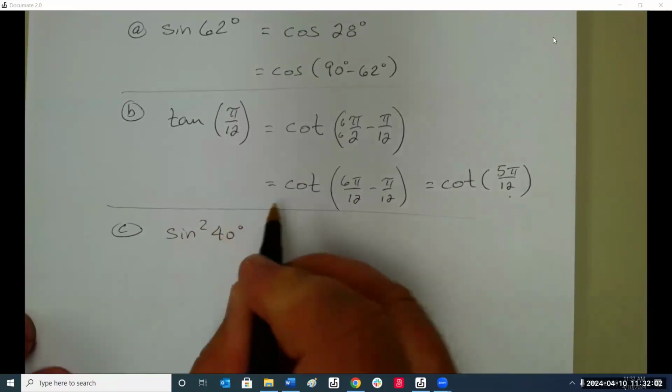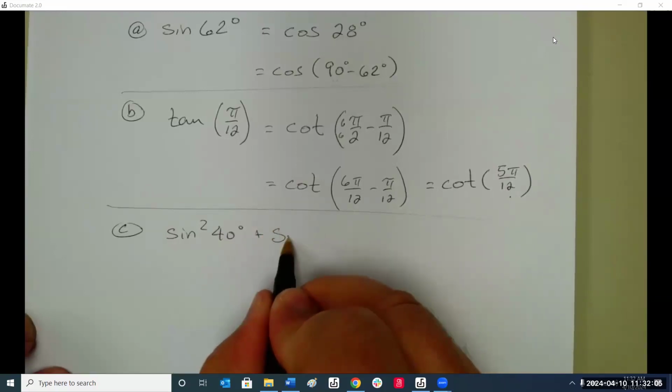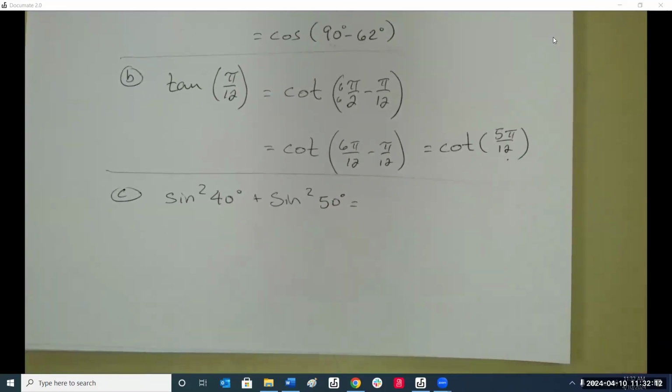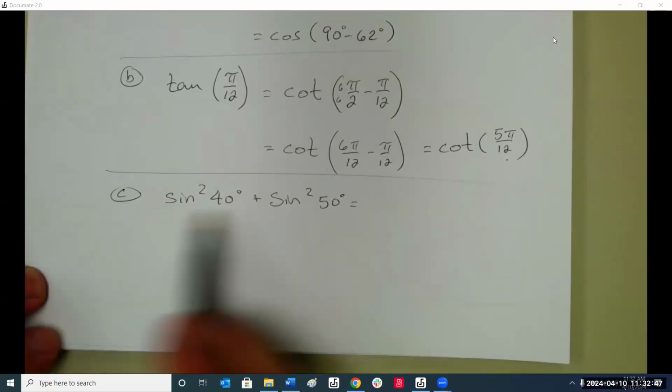Sine squared 40 plus sine squared 50 degrees. What would this equation equal?